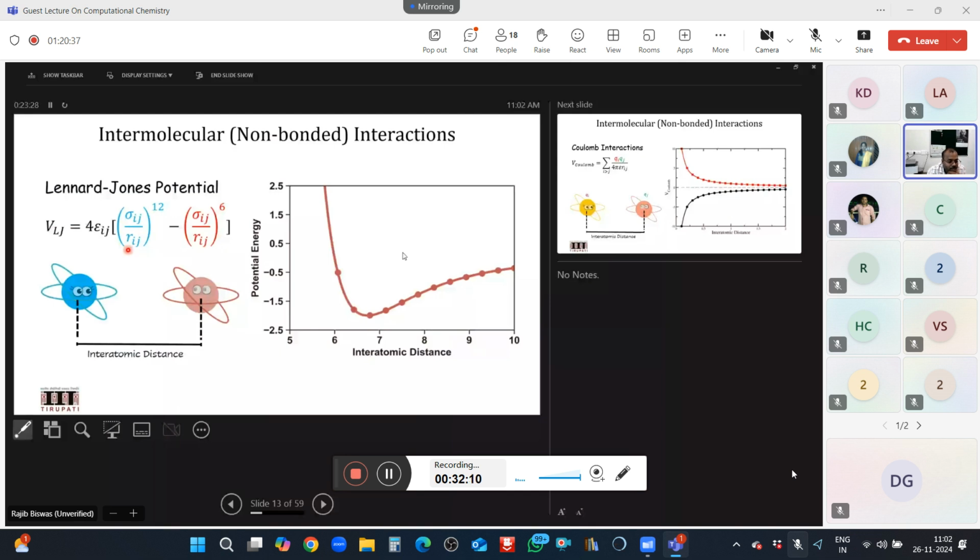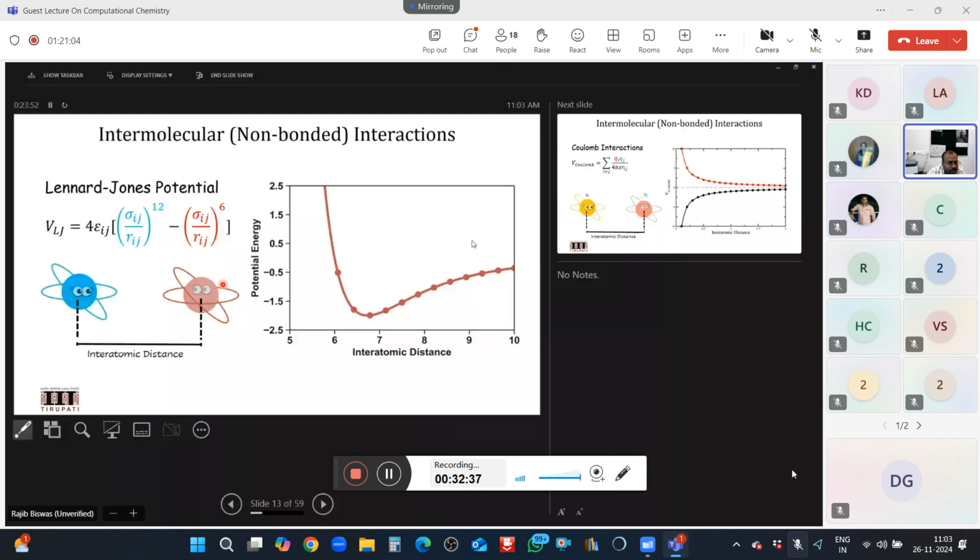If you bring the two atoms very close by, it will shoot up. And the red part is having a negative sign. It is attractive in nature. So that is the tail portion, and this is the down one. This is the attractive domain, and beyond that, if you just try to squeeze in, it will just shoot up the energy. So this is the potential energy function which we use to model the van der Waals interactions.